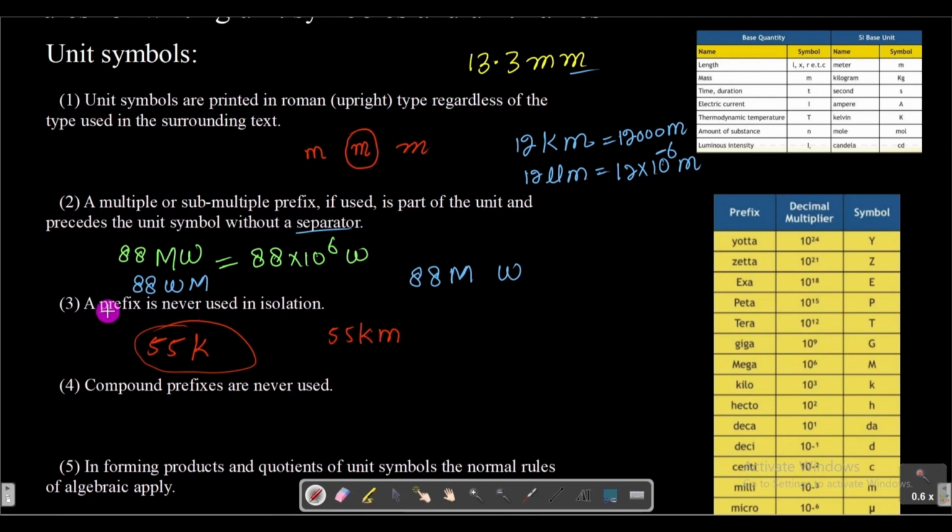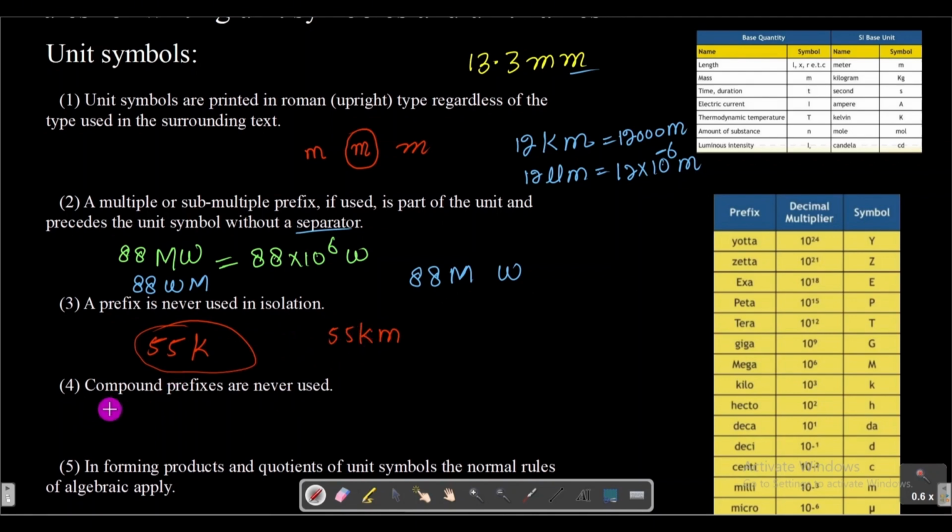This rule says that a prefix is never used in isolation. So here, this prefix is in isolation without the unit, and here this is not in isolation. So this rule means that a prefix is never used in isolation.